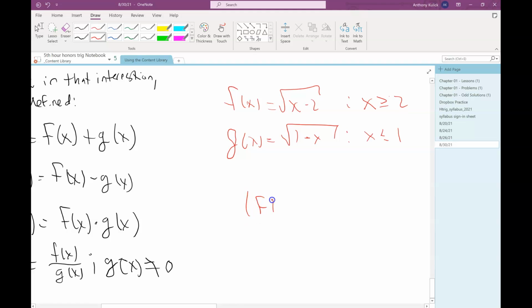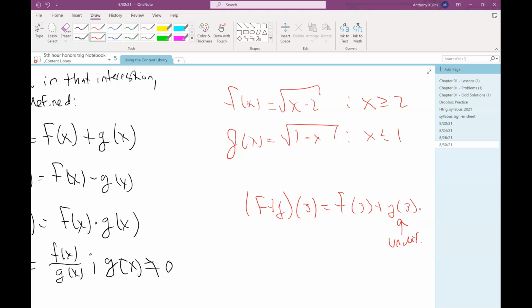So if I wanted to do like f plus g of 3, well, that's not equal to f of 3 plus g of 3 because this part is undefined. You know what I mean? If there's no x's in common, then we can't actually perform any of these operations because one of the two functions is going to be undefined no matter what we do.